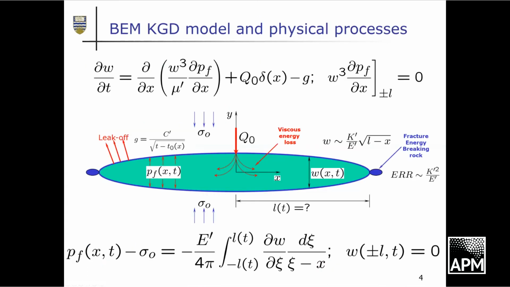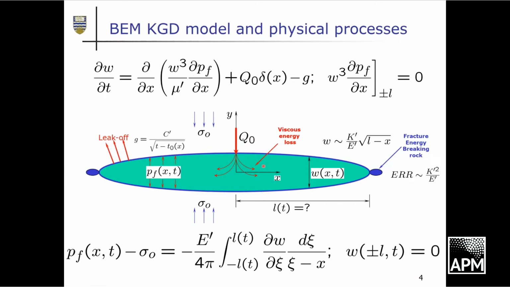Okay, so let's go to what amounts to a boundary integral formulation. This is the standard lubrication equation. Essentially, PF is the fluid pressure. This is the source of fluid that's assumed to be a point source. W is the fracture opening.